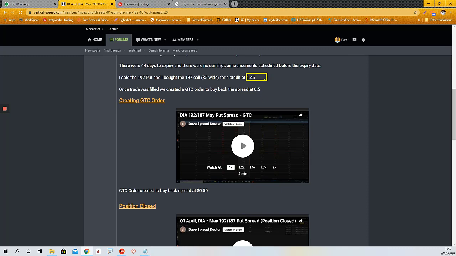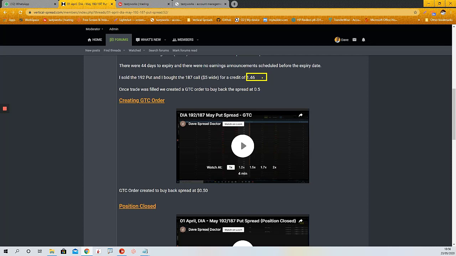I like to close the position when the easy money has been made, if you like. I don't want to hold on for the final 30, 40, 50 cents, which would mean more profits, but it would mean more stress, and it would also mean I would have to spend a lot more time in front of my computer screen close to expiry trying to get out of the position and buy back the spread.